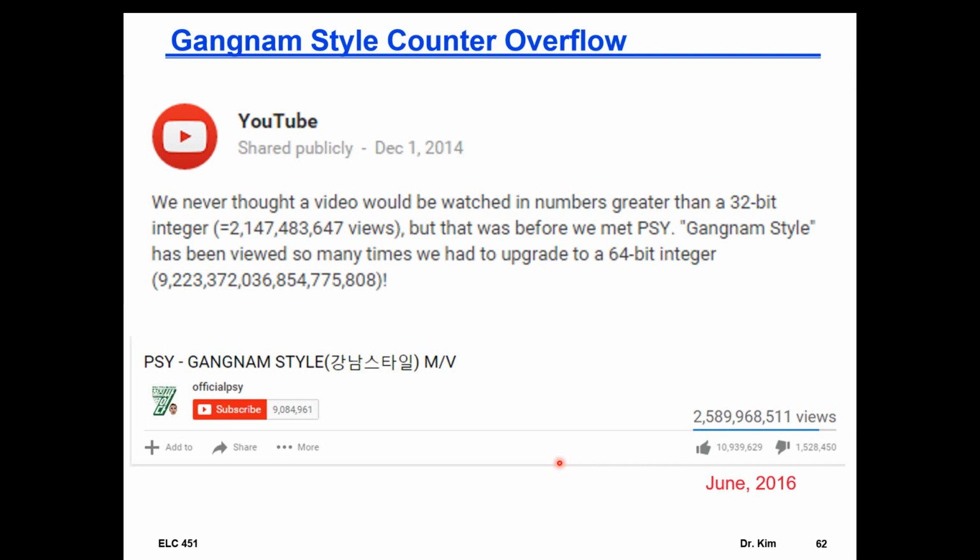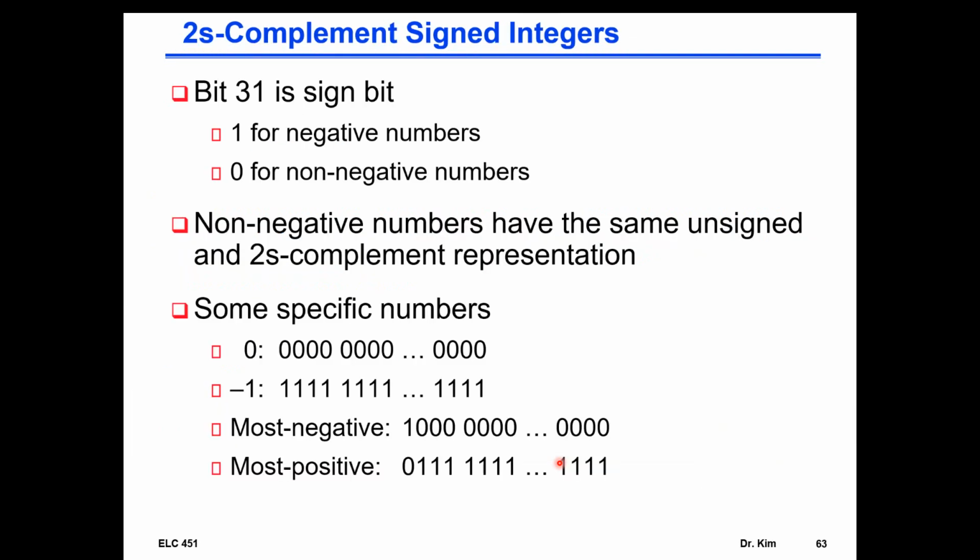All right. So to recap, for 32-bit numbers, 2's complement, and in any number of bits for that matter, the most significant bit is going to be the sign bit, which is going to be 1 for negative numbers and 0 for non-negative numbers. 0 is always going to be the all 0 pattern, and it's going to be unique. -1 is always going to be the all 1 pattern, and is unique.